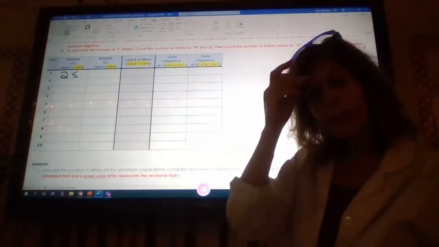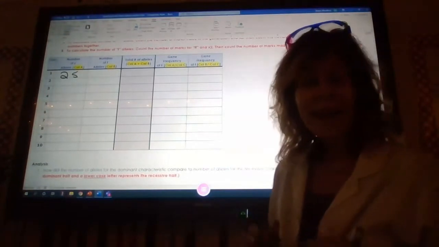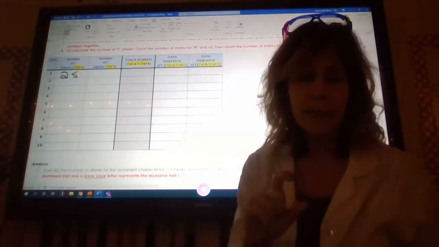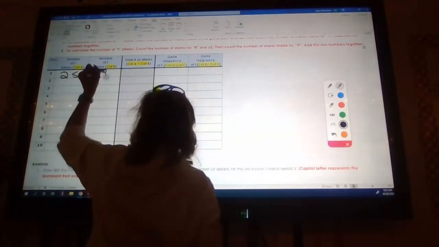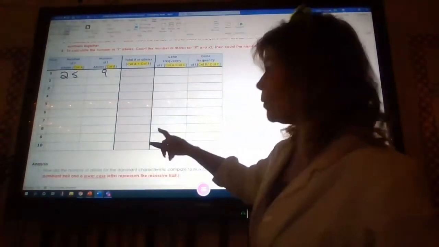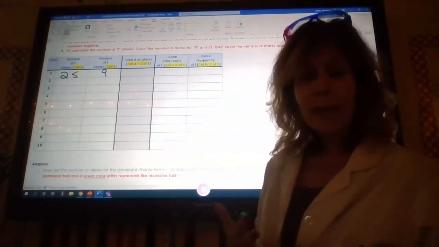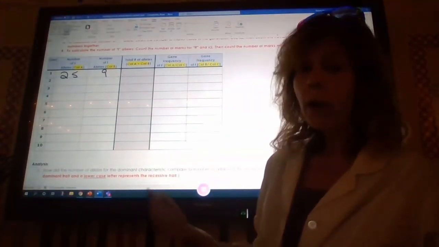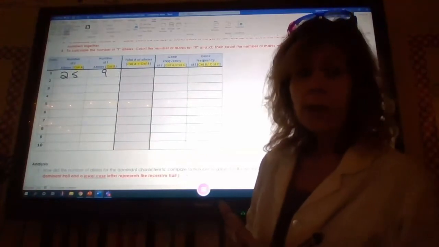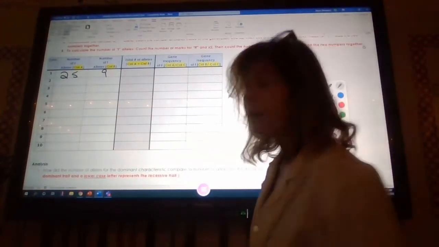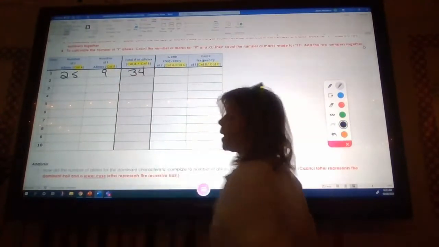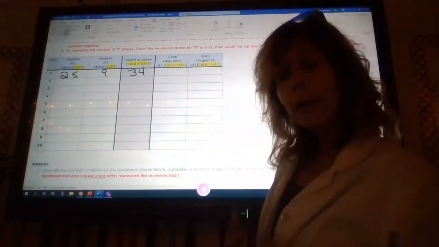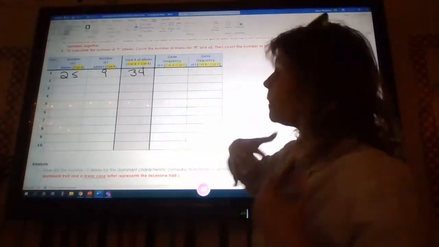And then if I look back up at the top for generation 1, I had 9 of the recessive traits. So I'm going to put 9 right here. Okay. Now, total alleles, just like in math, when it asks you for the total, all I do is add them together. So 25 plus 9 gives me 34. So I had a total of 34 alleles that were actually passed down.